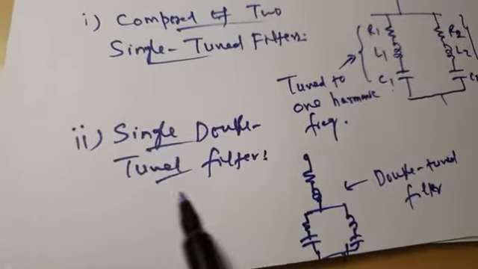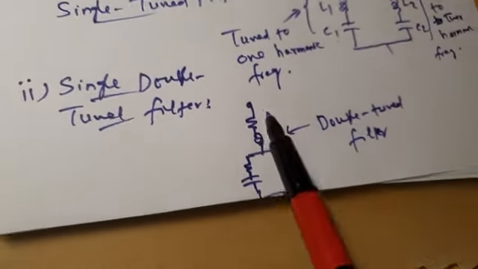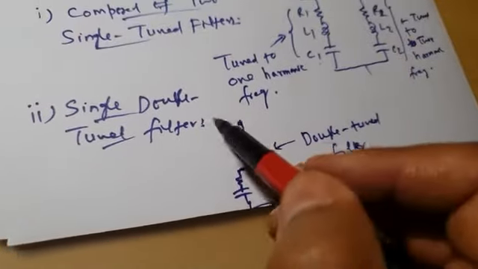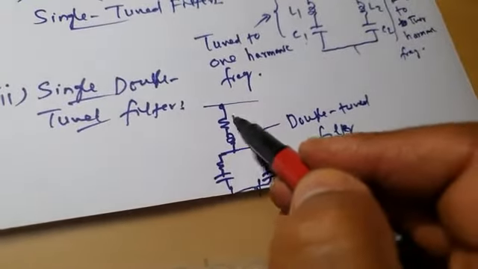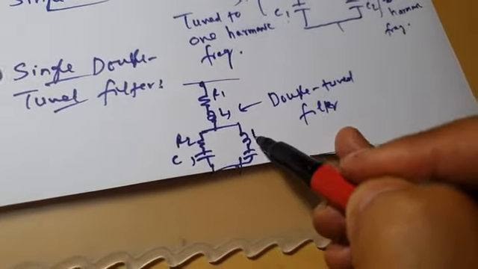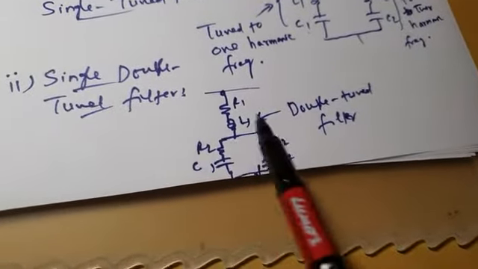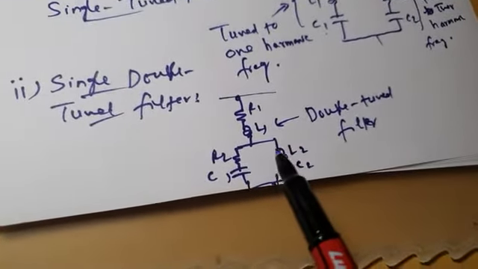But the best way is that you have a single double tune filter. In that case, it comprises of these components: R1, L1, R2, C1, L2, C2. This is the structure of a single double tune filter.